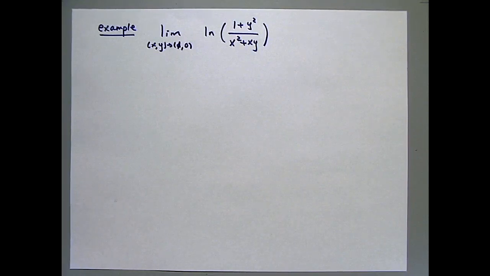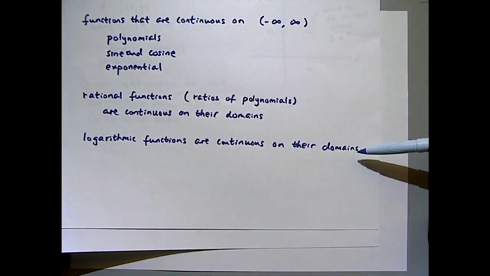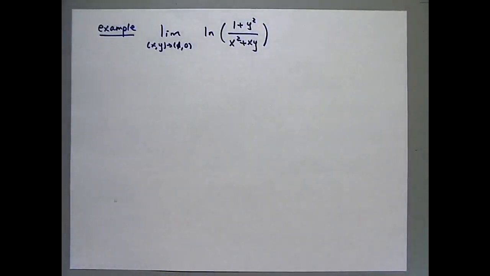That function is something that's continuous on its domain. Okay, so in general, when is natural log of something defined? When that something is positive.